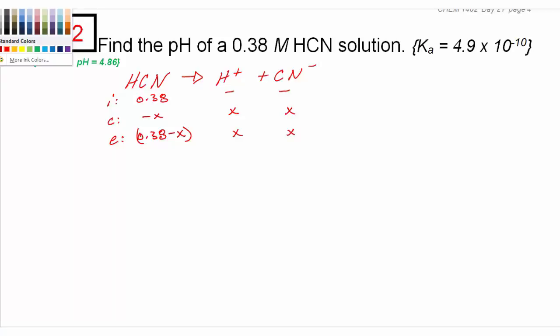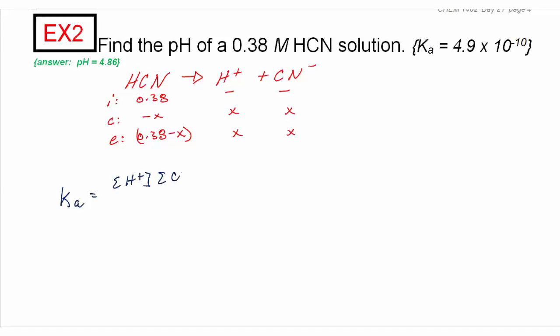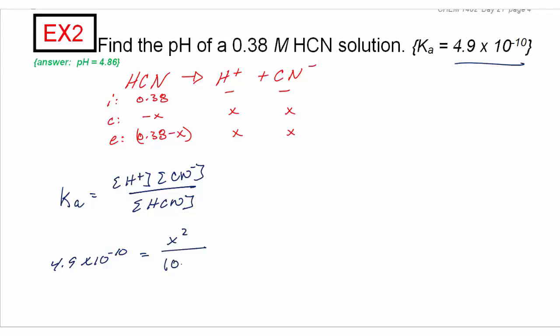Now we substitute into our Ka expression. Hydrogen ion, cyanide over hydrogen cyanide. What do I get? I get 4.9 times 10 to the negative 10 has to equal x squared divided by 0.38 minus x.